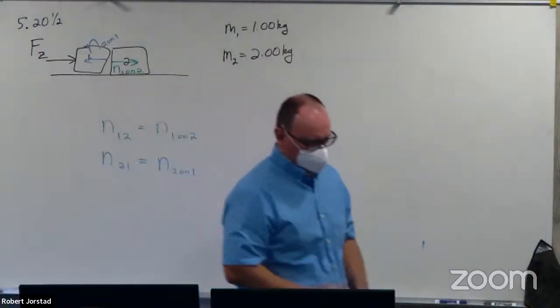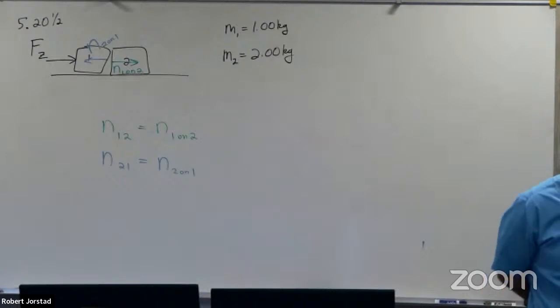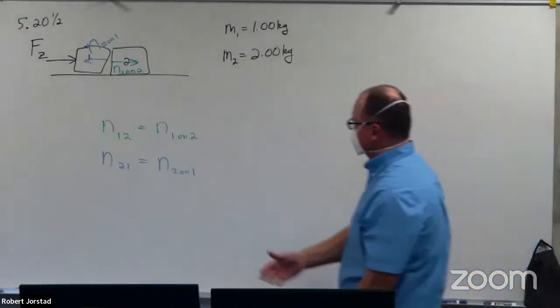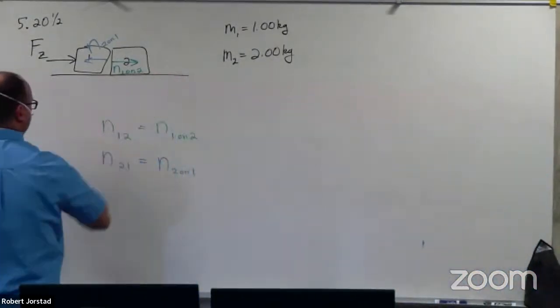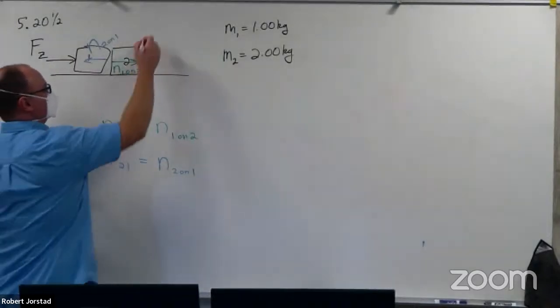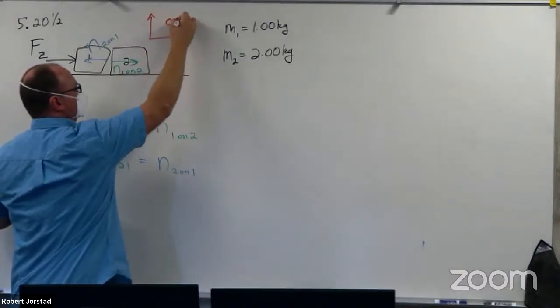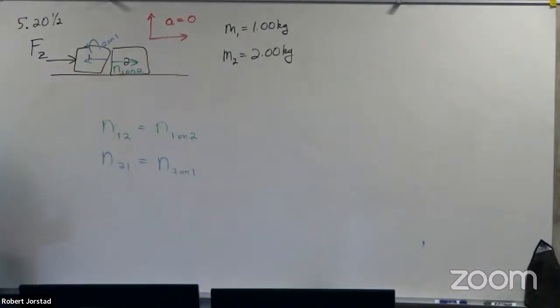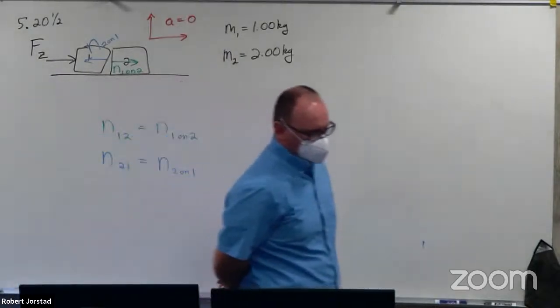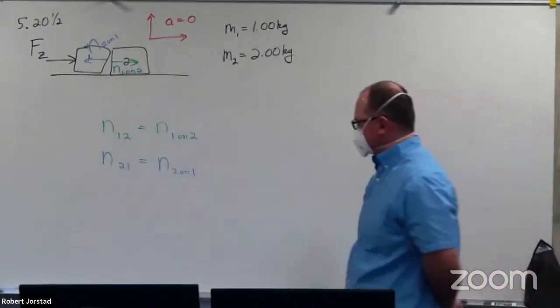Now, in this case, we're asked the following. If the blocks move to the right at constant speed, so let's say these blocks are moving this way, and somehow, some way, we're told acceleration is 0, right? That's constant speed. In this case, which normal force has a larger magnitude?